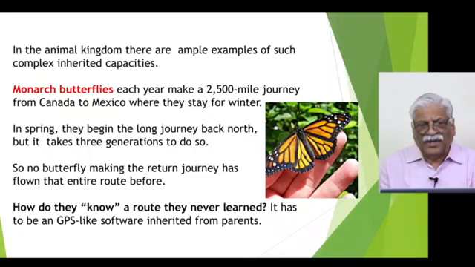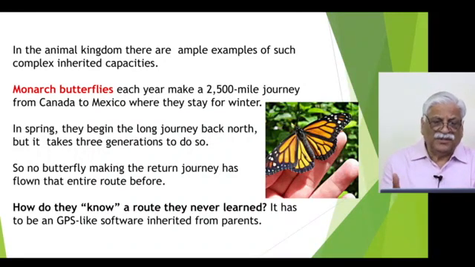Monarch butterfly, I think we have seen many times. A very colorful and beautiful butterfly. It's a small butterfly. This butterfly makes a 2,500-mile journey from Canada to Mexico every year, where they stay for winter. In spring, they begin the long journey back north, but it takes 3 generations to do so.